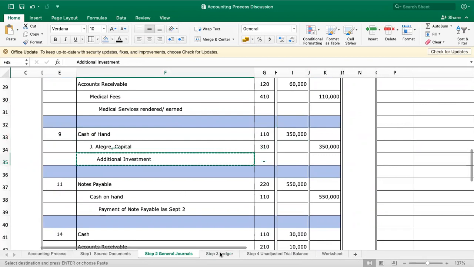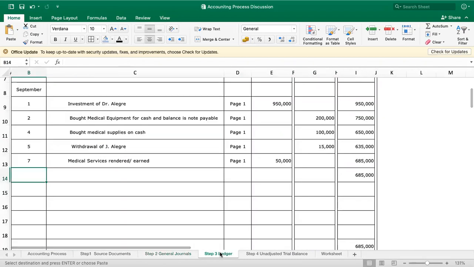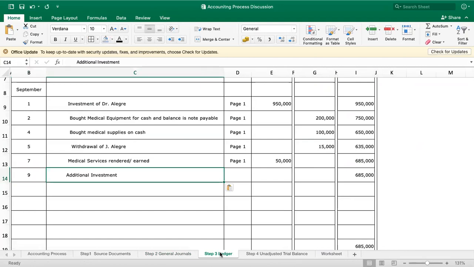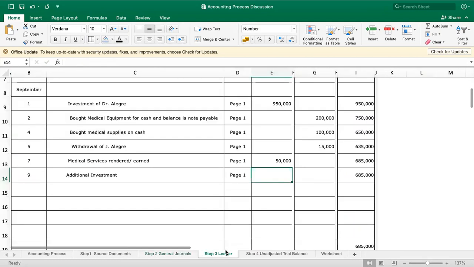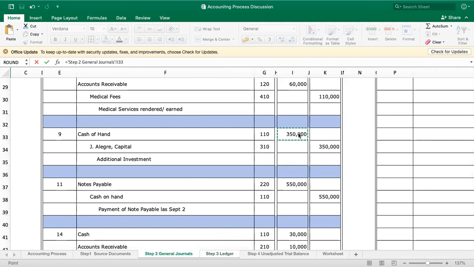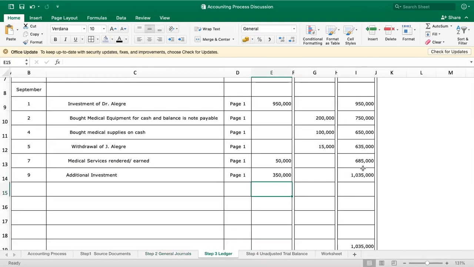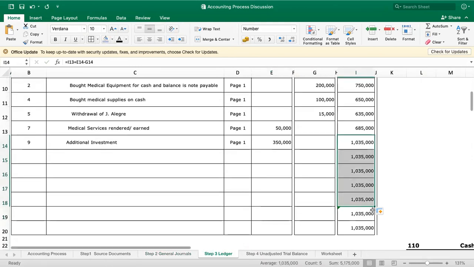So that's September 9. 350,000, explanation, additional investment. Okay, still page 1, debit credit. Take note that our cash is debited on September 9. So the debit side is equal to 350,000. Therefore, as of September 9, we have a cash on hand balance of 1,035,000.